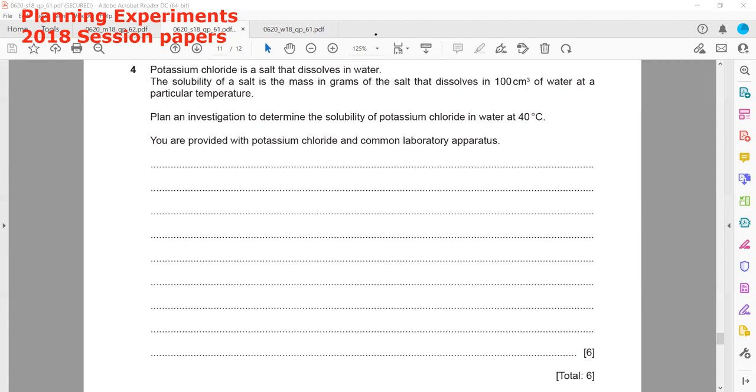And then we'll filter to remove undissolved or insoluble solute. Then we want to find how much dissolved, so we will evaporate all the liquid and measure the mass of the solid.